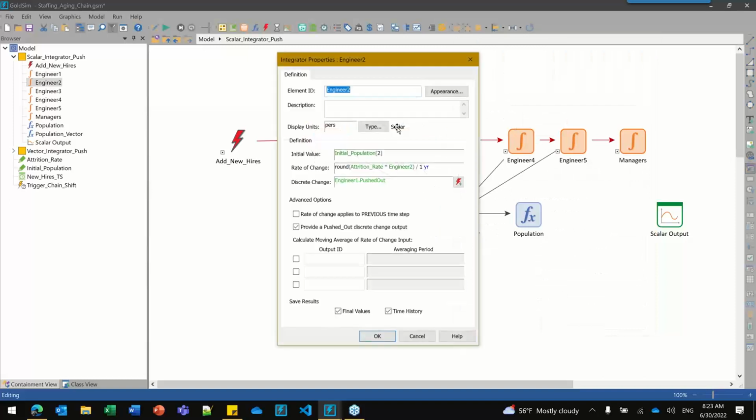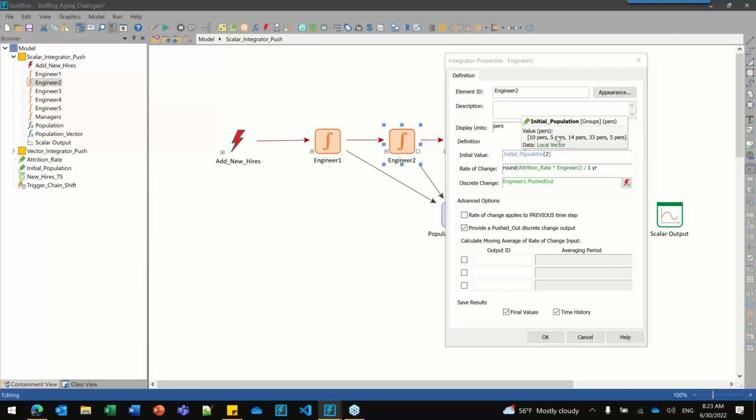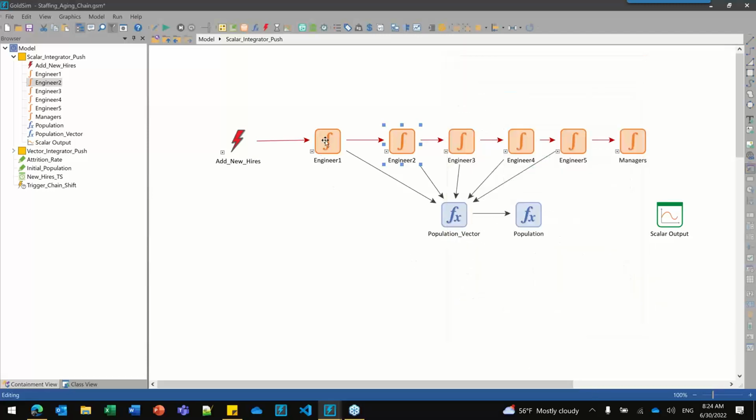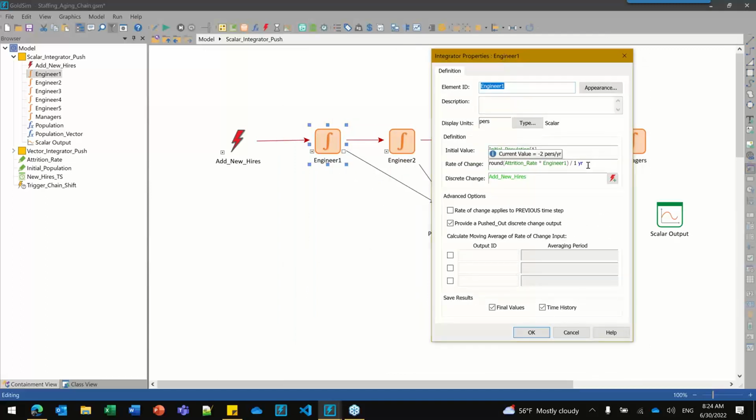And then you can go into the next cohort and you see it's exactly the same, except the initial value is grabbing the second row of our initial population, 5 people from the second row. Same thing down here, attrition rate times itself divided by year, and then pushed out. There is a potential problem here that we have already with this model, and that is this 1 year definition.